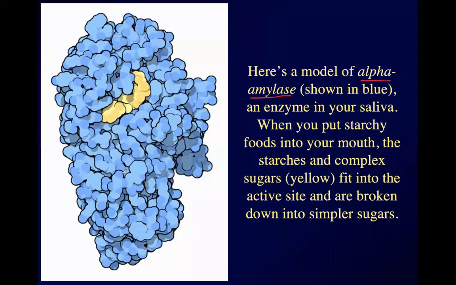And alpha amylase works on starches. When you put starch into your mouth, the starches, which are shown here in yellow, fit into this active site right here. So again, like a key in a lock or a bolt in a socket wrench. And they're broken down into simpler sugars.